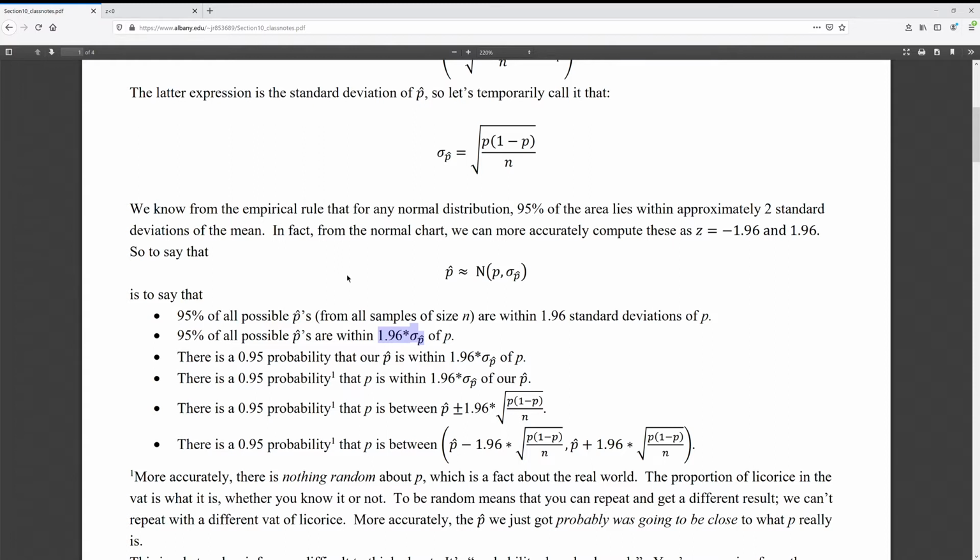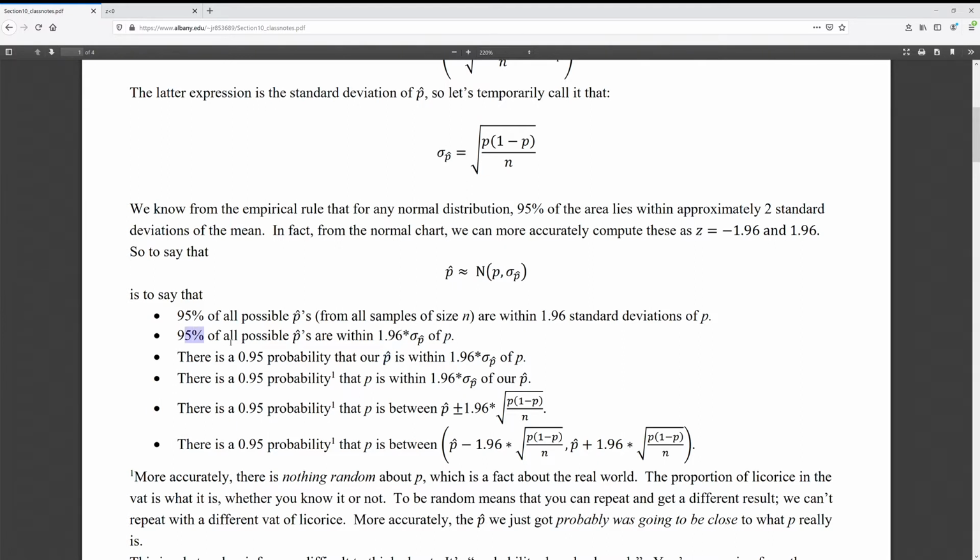Now again, what is probability? To say that 95% of all possible statistics satisfy a condition is to say that there's a 0.95, a 95% chance that our statistic satisfies that condition.